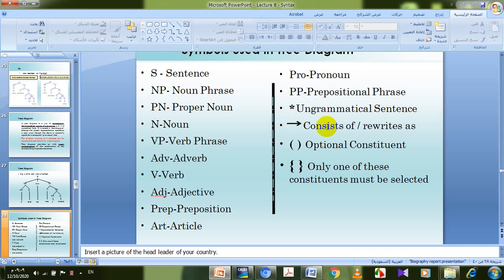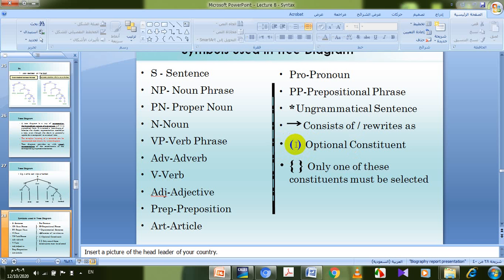An arrow means consists of or rewrites as. Two brackets mean an optional constituent. So what is inside these two brackets is optional.